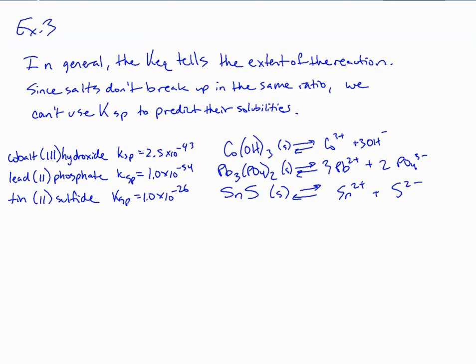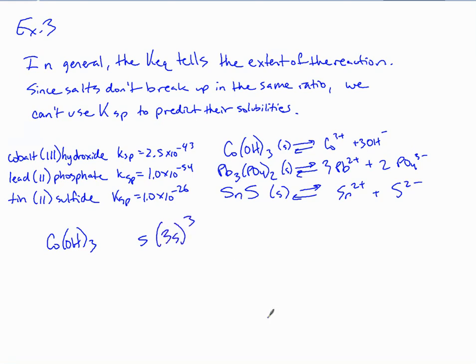All right, so the reason we wrote these out is because we need to write the equilibrium expressions. But we can kind of do the shortcut method here since we already know what's going on. So for the cobalt 3 hydroxide, instead of writing out the whole expression, you could just say there's one of these, so that's S, and there's 3 of these, so it ends up being 3S cubed.